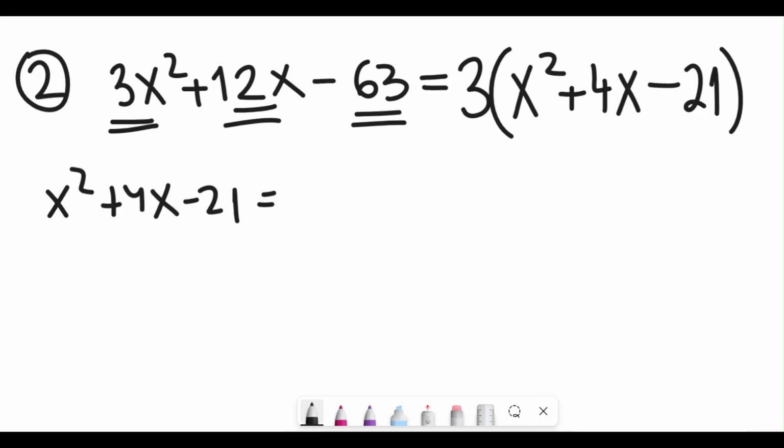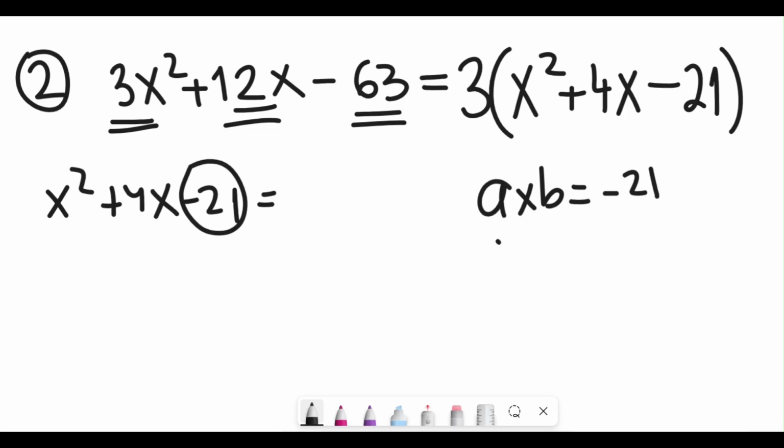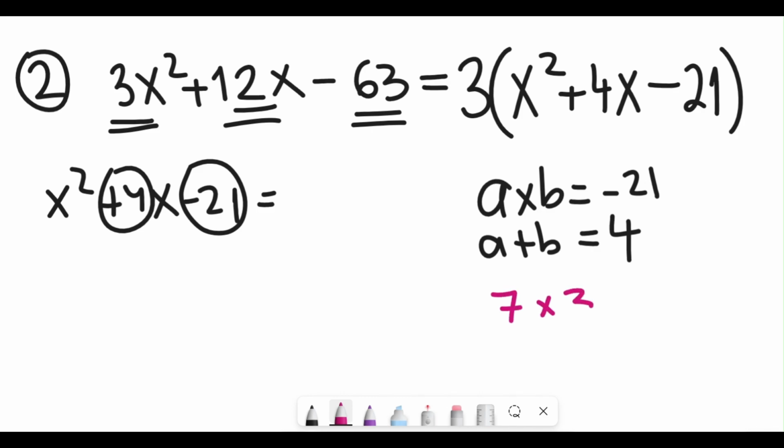What do we have here, guys? What are the two numbers that multiply to give us minus 21, and if you add those two numbers, you will get 4? Let's try. Indeed, the first option that comes to mind is 7 and 3, because 7 multiplied by 3 gives 21.